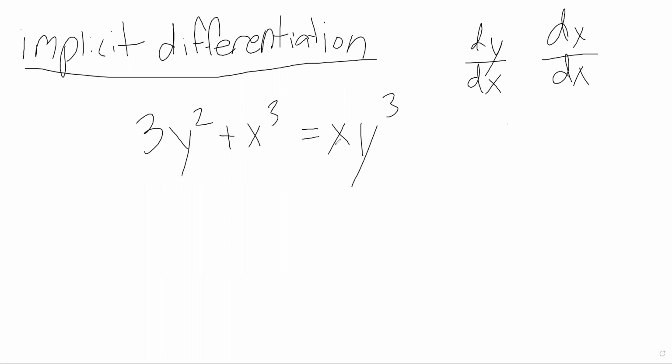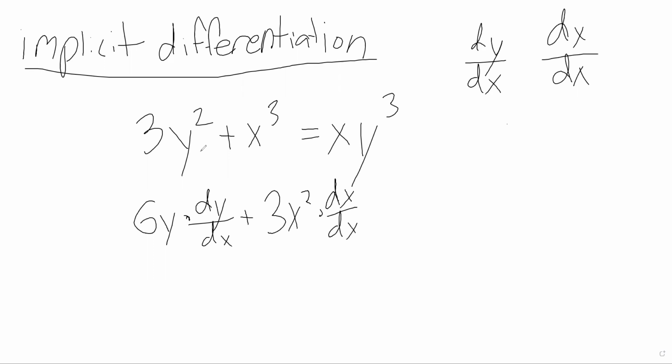So 3y squared, it's going to be 6y. And then since that's a y, it's going to be times dy over dx. Remember, the key to implicit differentiation is if you take the derivative of a y, this is a y term, you have to add dy over dx. So then plus 3x squared times dx over dx. Remember, that's an x term, so that's why it's dx over dx.